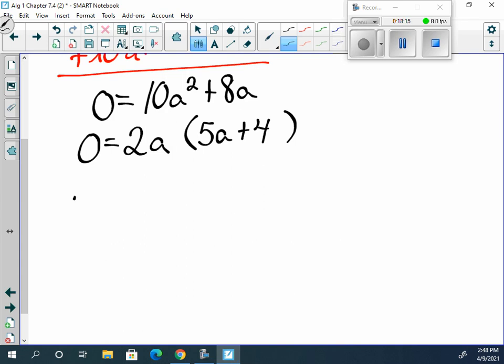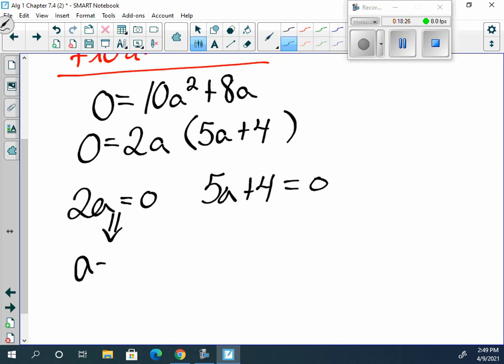Now, since we have two things multiplied together to equal 0, it means one of them must be 0. Well, 2 times a equals 0 is really telling me a is 0. Well, we already knew a was going to be 0 as one of our answers. We knew that from the beginning.